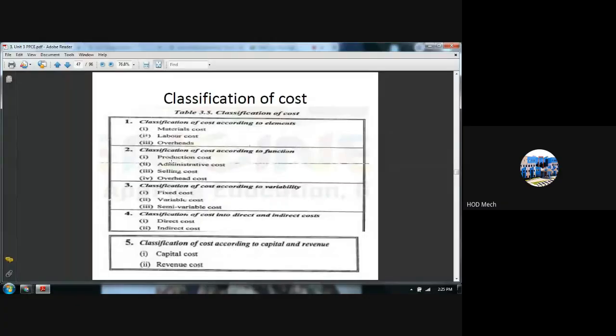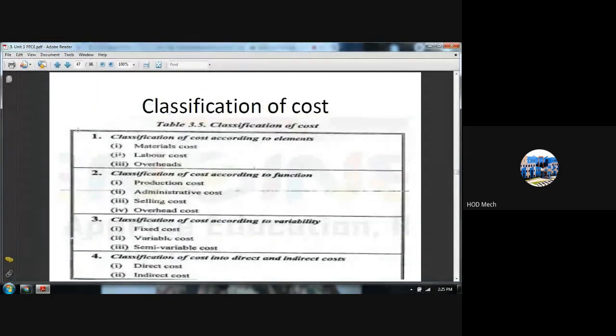A number of terms will be given with expenses, and you have to find the net profit of the company, whether the company is under loss or profit. You can identify this only when you know the real meaning of the terms used in costing.